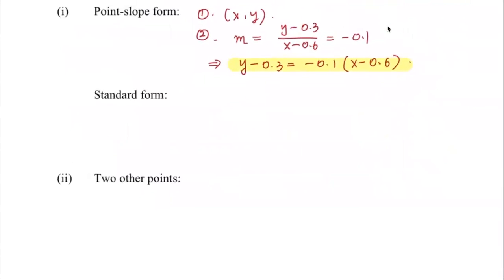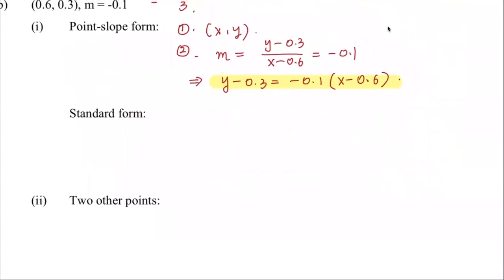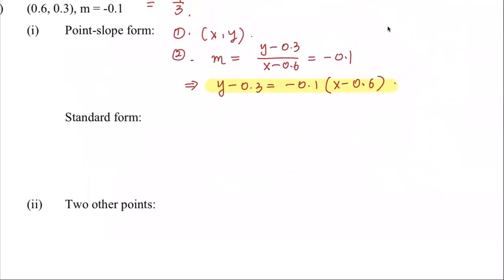So how do we find standard form? Standard form is ax plus by plus c is equal to 0. So again, essentially we need to move everything to the left side of the equation and leave the right side of the equation 0. And then we open the brackets, we combine the constants, and then we can find this form.